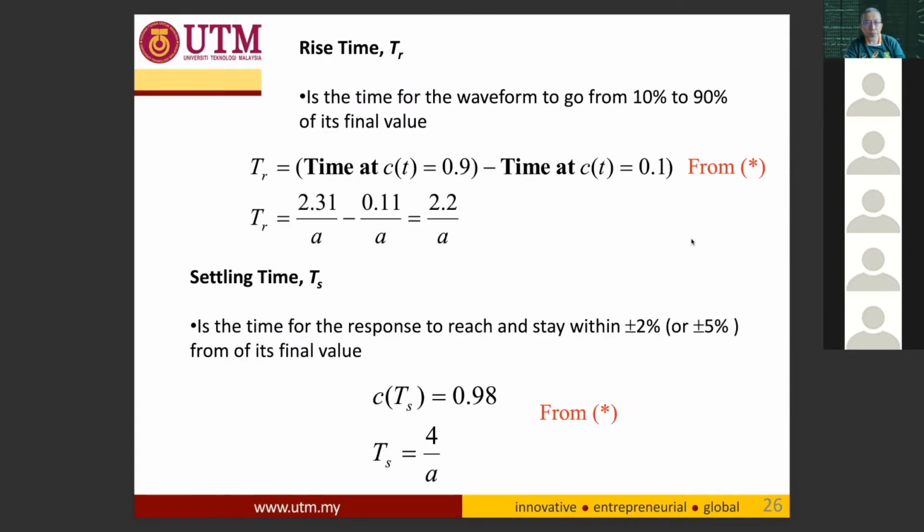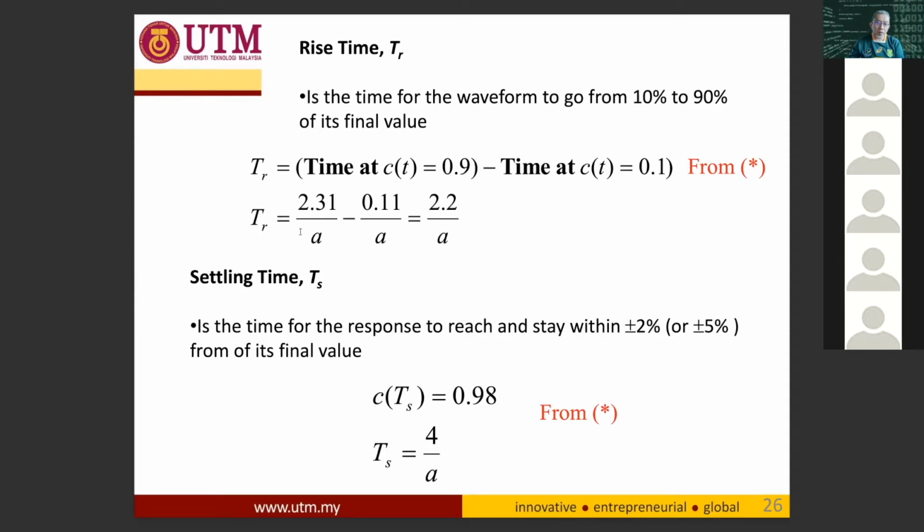Rise time is the time for the waveform to go from 10% to 90% of its final or steady state value. In this case, the time at 0.9, or 90% of the steady state, minus the time when the output is 10% of the steady state, gives you the rising time.